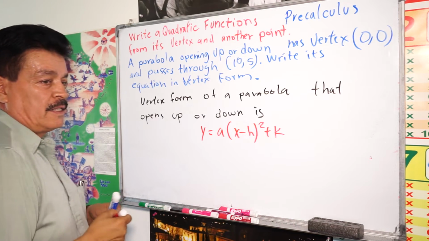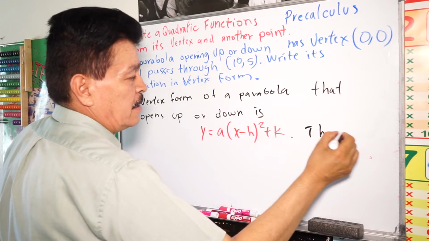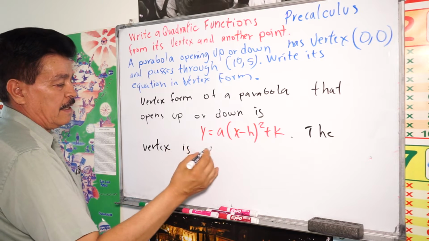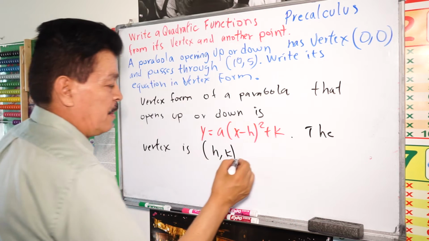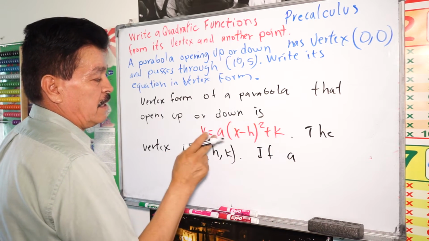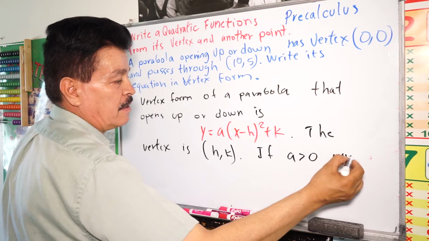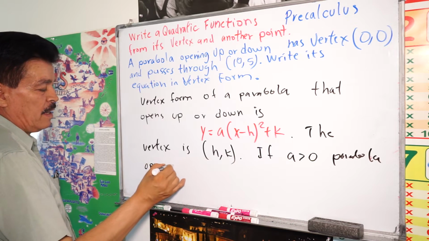All right, so the vertex here is (h, k). Also, if a is greater than 0, the parabola opens up.